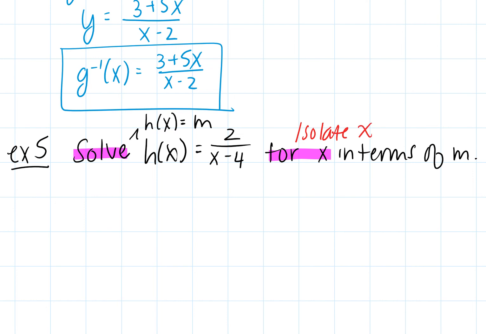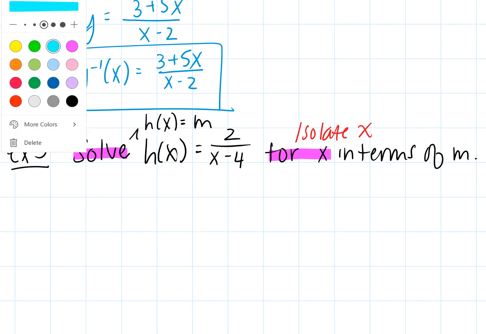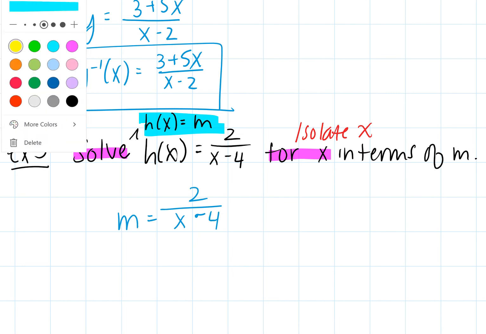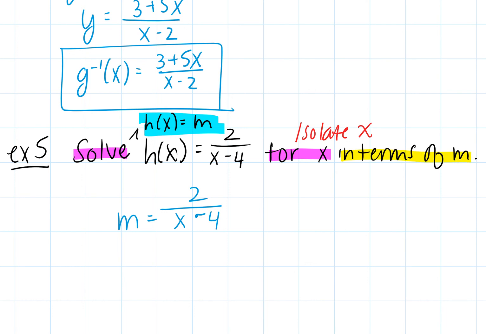And this, h of x equals m, is just telling us take the function h and set it equal to m. It's kind of weird, but that's okay. We have some function that we're just solving for x, which means isolating x. Now we have a heads up that we think our answer might have m's in it. That's all it's saying in terms of m. Now, this is another rational equation, so we solve by getting a common denominator.